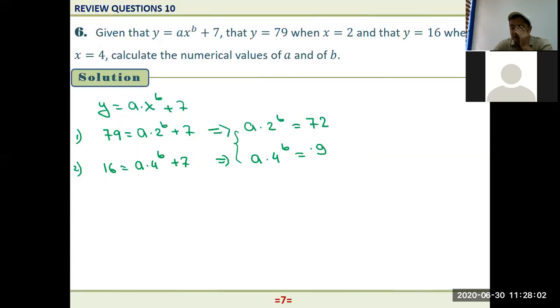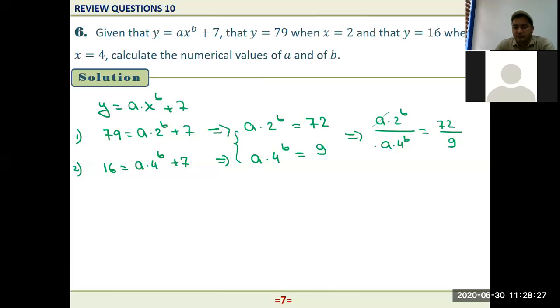We can use graphical methods, or the substitution method, or the elimination method. So here, if I divide the first equation by the second equation, side by side, what do we have? A times 2 to the power b over a times 4 to the power b equals, on the right-hand side, 72 over 9.